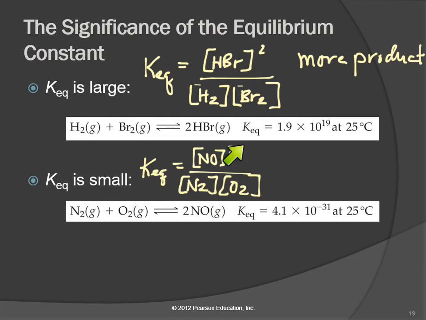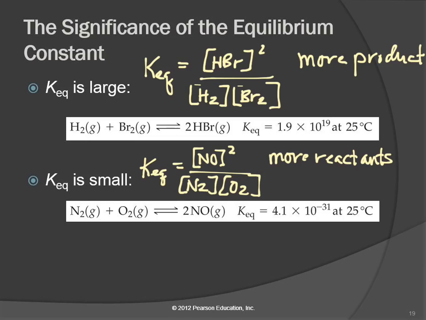If this expression is equal to a very small number, that tells us that the numbers in the denominator are big and the number in the numerator is very small. So a small equilibrium constant tells us that at equilibrium there are more reactants present.